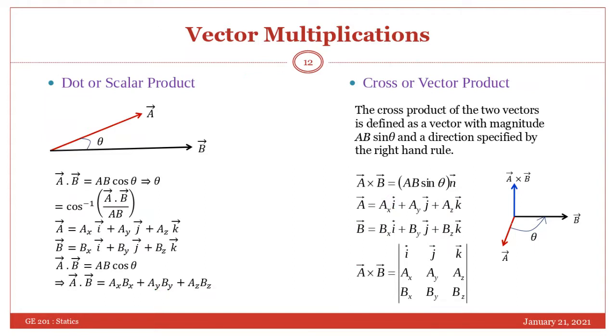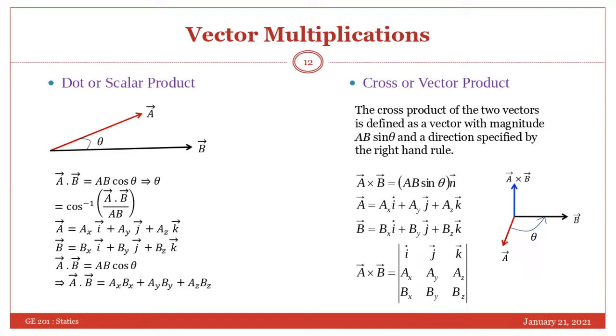You will write first I, and then multiply this with this minus this with this. Then you will write minus J, and so on. Yeah, we did that in the math. Okay, good. So this all of you know. Very good.